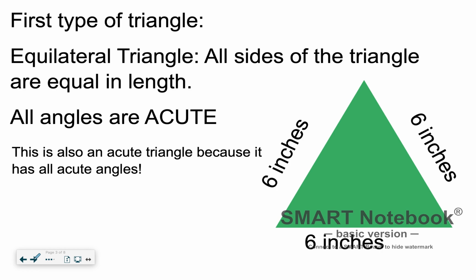So since they are all 6 inches, that means they're an equilateral triangle. All angles are acute, which means they are smaller than 90 degrees. Another name to call this type of triangle is an acute triangle because it has all acute angles. So an equilateral triangle has all of the same equal sides, and an acute triangle has all acute angles in it.